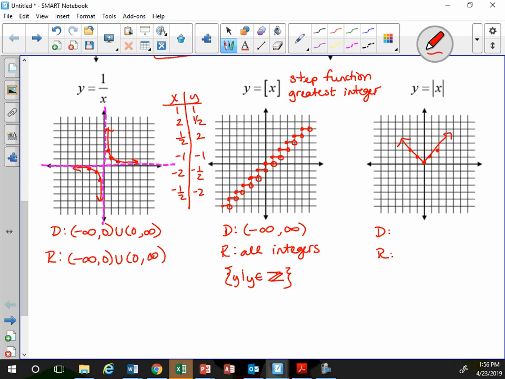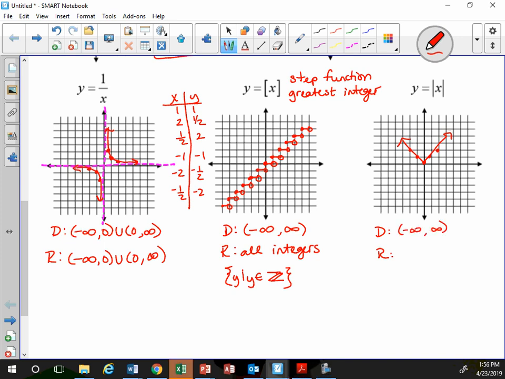What's the domain? Domain is all real numbers, negative infinity to infinity.